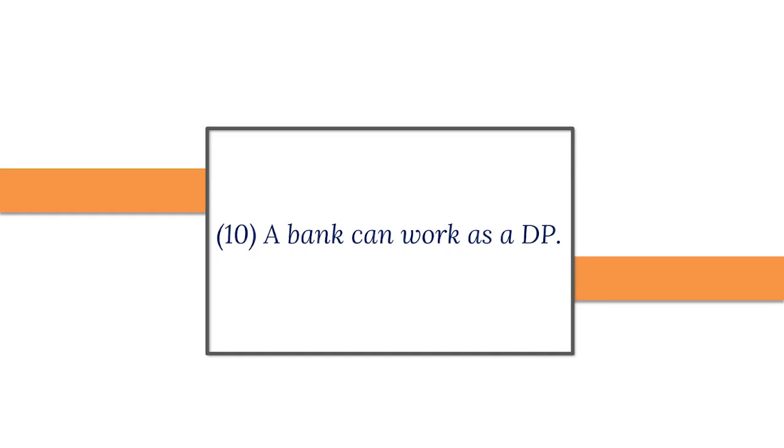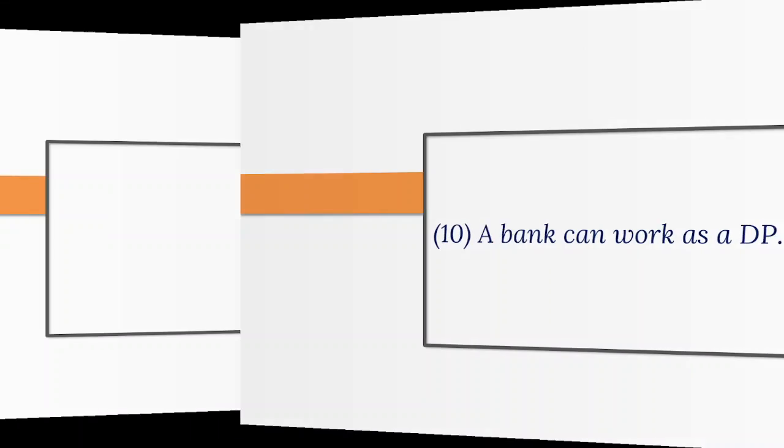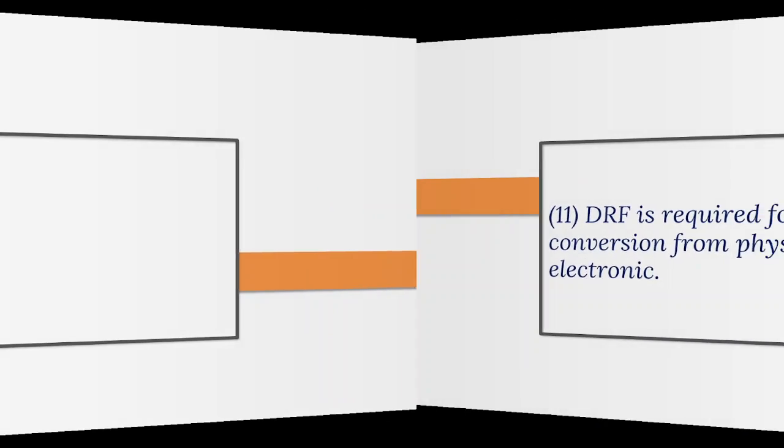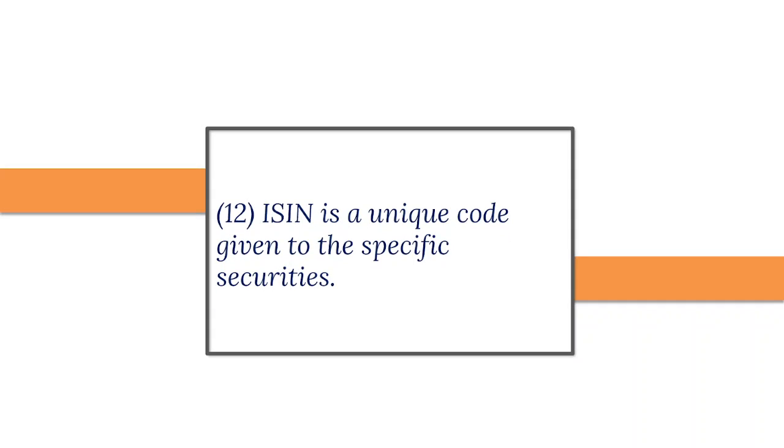10. A bank can work as a DP. This statement is true. 11. DRF is required for conversion from physical to electronic. This statement is true. 12. ISIN is a unique code given to the specific securities.